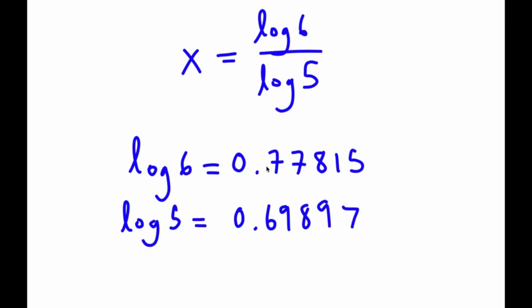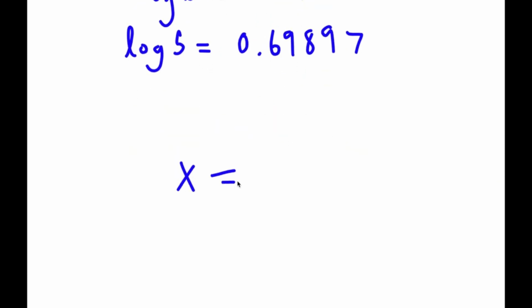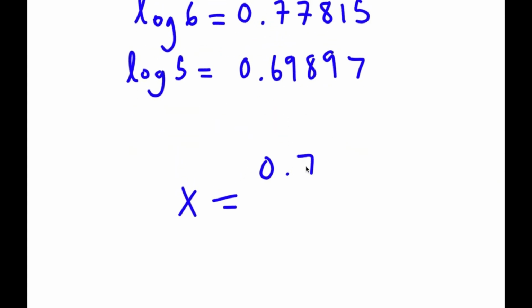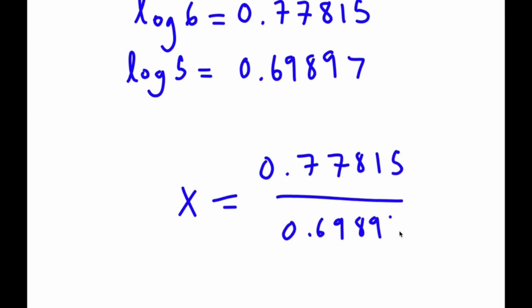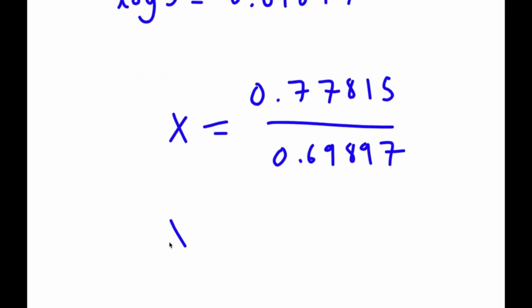So if I substitute these values back into my equation here, I get x is equal to 0.77815 over 0.69897. And if I divide these two, I get x is equal to 1.113.